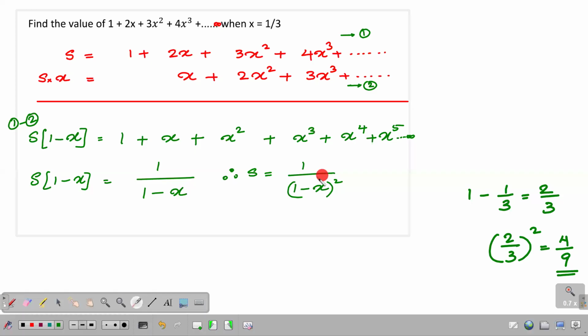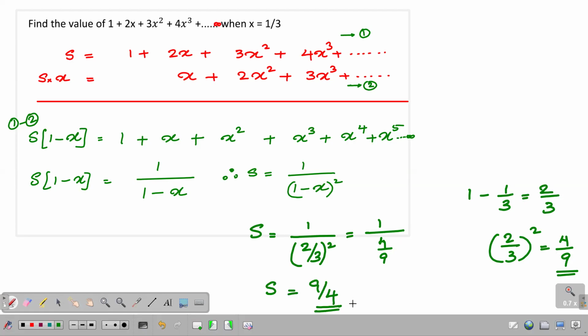Please be aware that 1 minus x is equal to 2 by 3, but you are asked to find 1 by 1 minus x the whole square. So s comes as 1 by the whole square of 2 by 3, which is 1 by 4 by 9. Upon simplification, the sum comes as 9 upon 4.